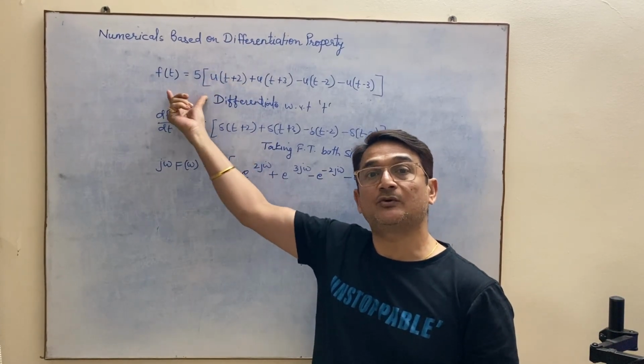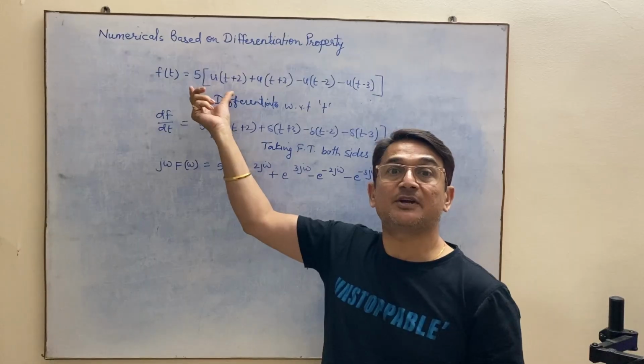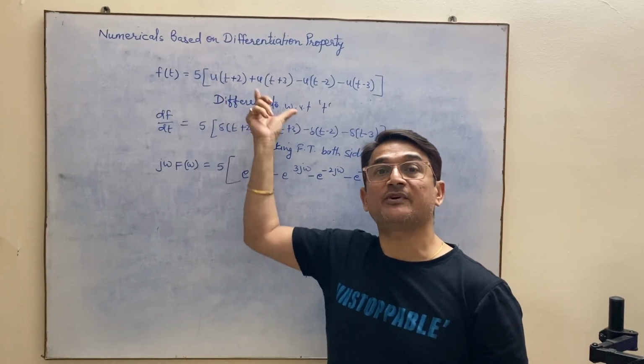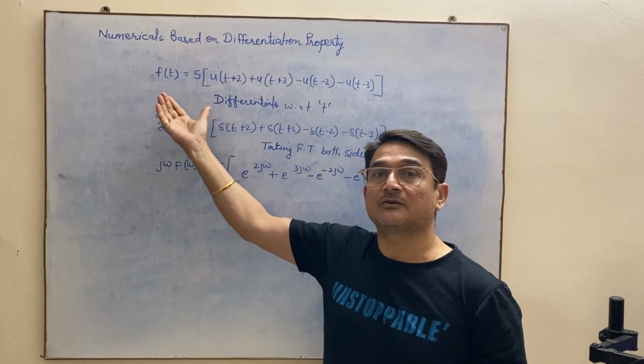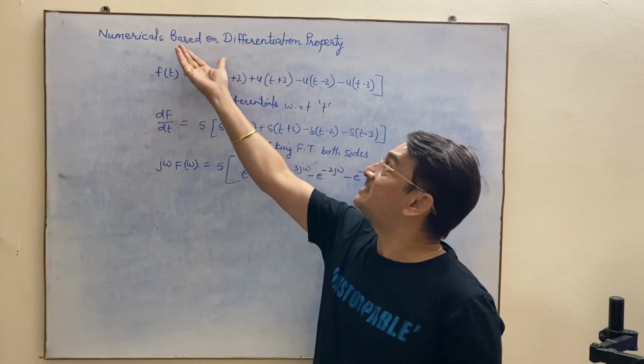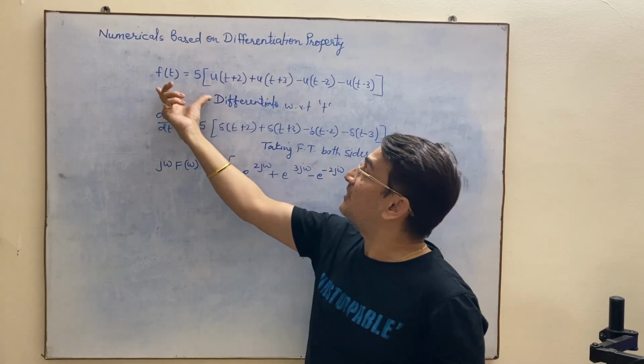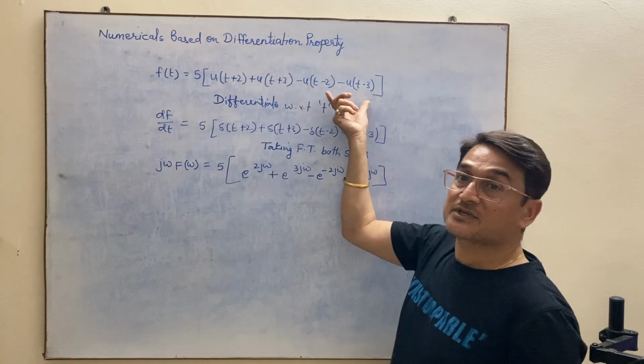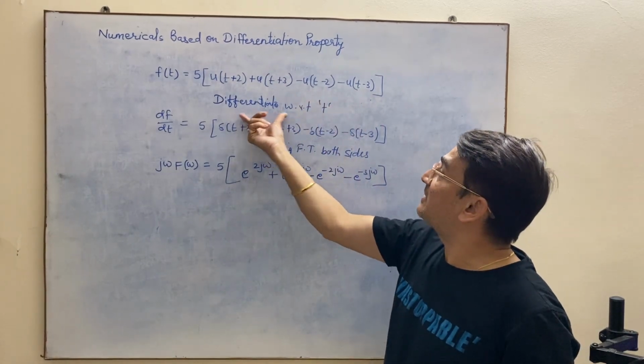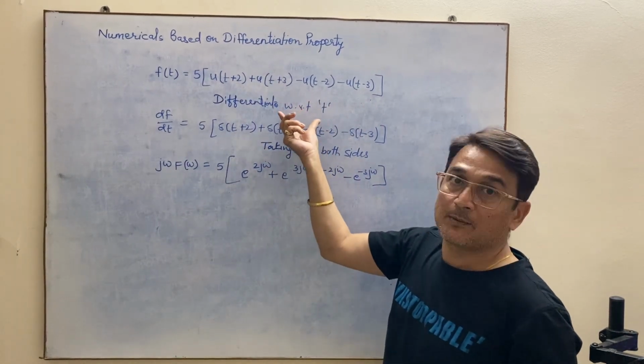So first we need to convert this unit step function into an impulse function. That means we have to differentiate this equation. This is basically on the basis of the differentiation property. So if this is the equation given, you just need to differentiate the above equation with respect to time, both sides.